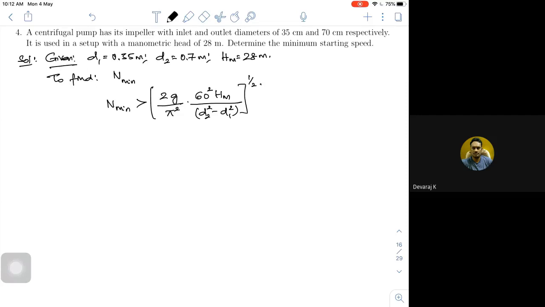So this was the formula we have been using.